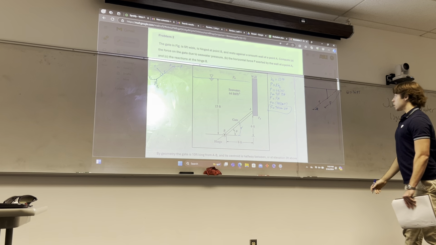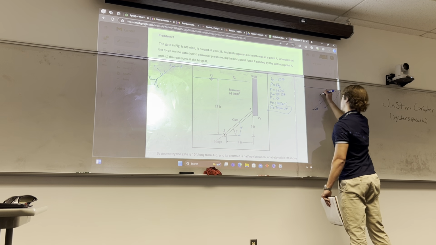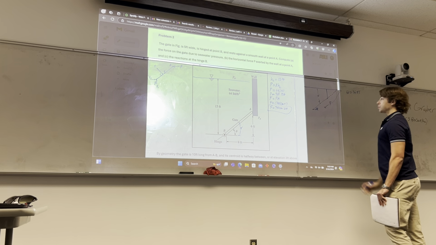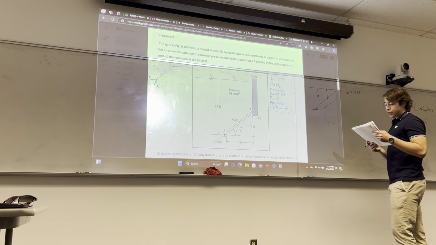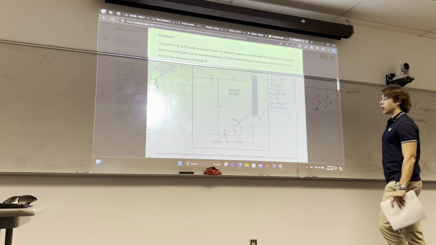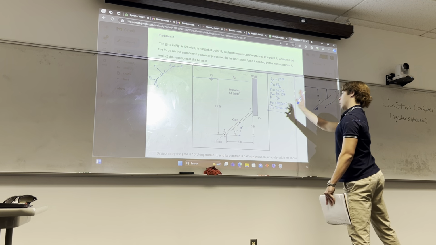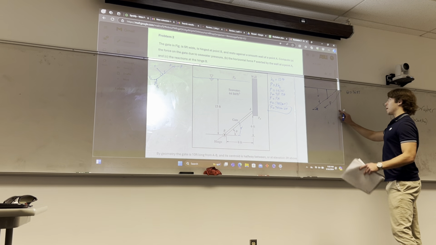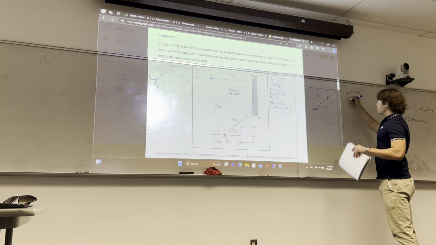Okay. And since we still know this height is 12 feet, and using other triangle math, using these angles as well, we can do all sorts of stuff. So we know this y bar should be like 20 feet.